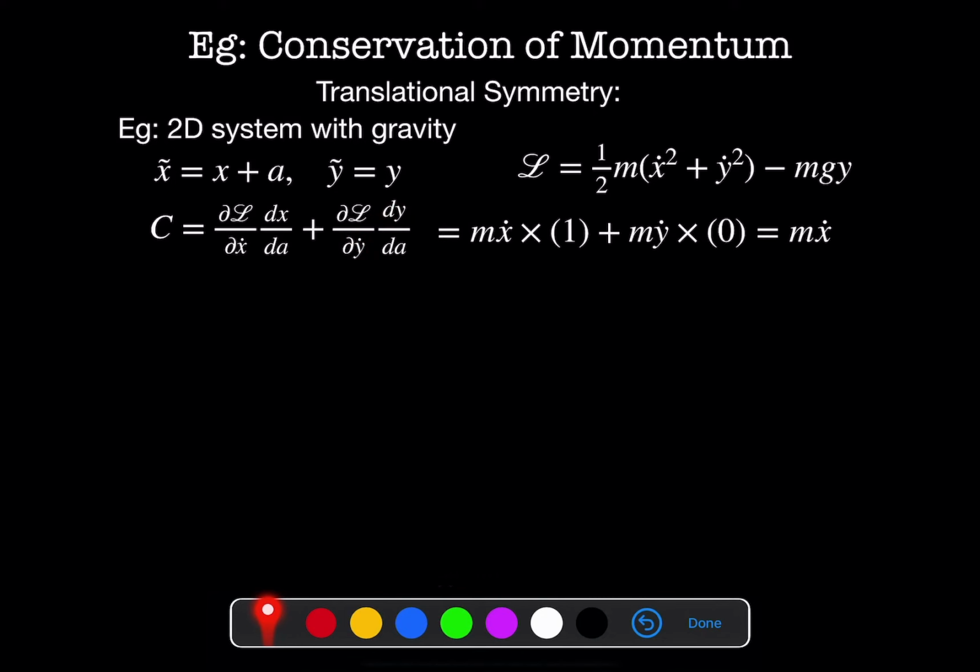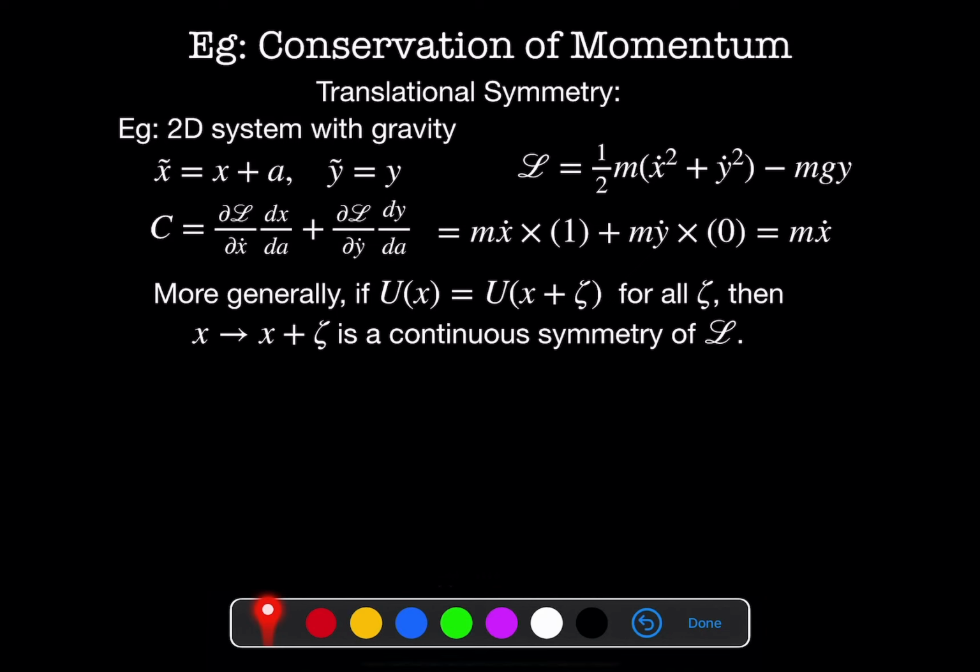And my first term, ∂L/∂ẋ, is just mẋ. So that's just my momentum in the x direction times ∂x/∂a, which is just 1. I find that my conserved quantity is momentum in the x direction. What this says is because there's no difference between me picking my origin here or my origin over here, I end up with conserved momentum in my system.